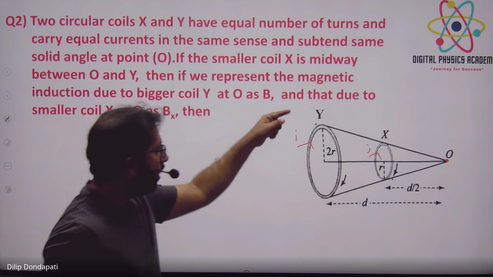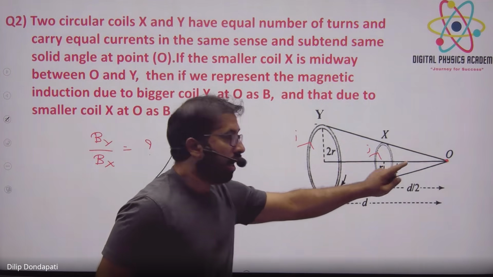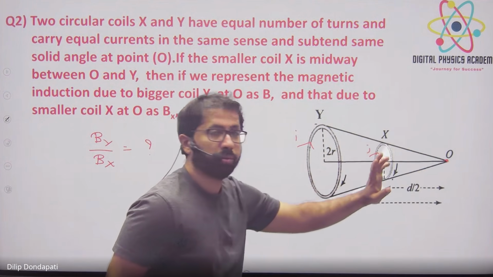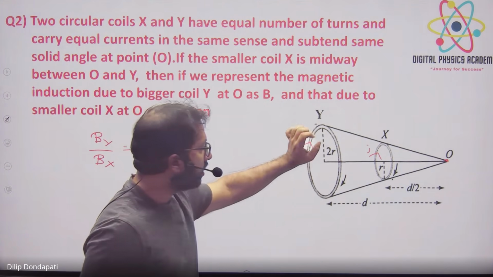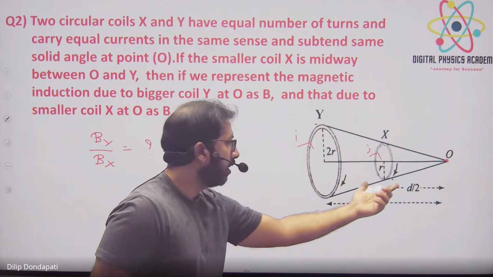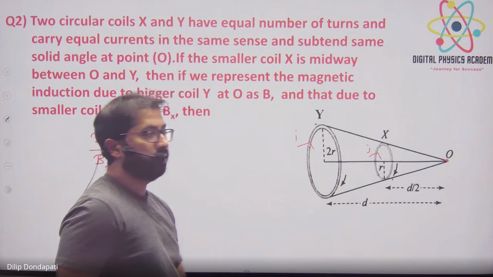So for this coil, this point is acting like axis point, and for this coil, this point is acting like axis point. Divide kar lo. And A is 2R in this case, A is R, X is D by 2 in this case, and D. Substitute.